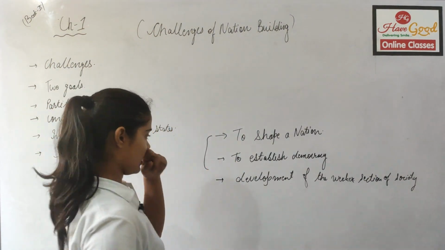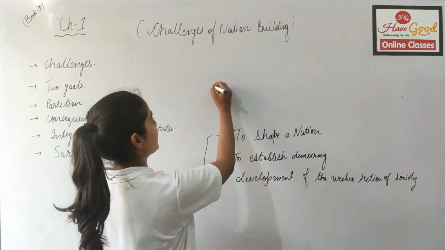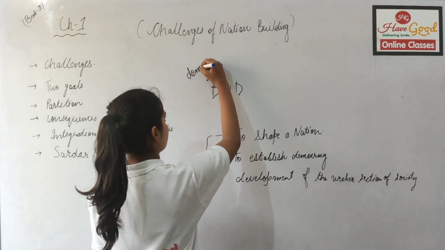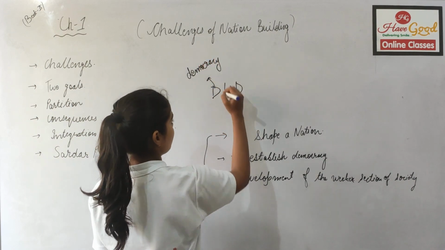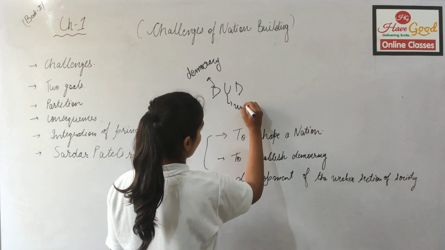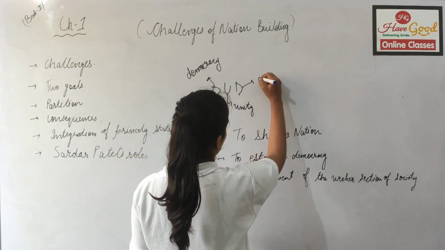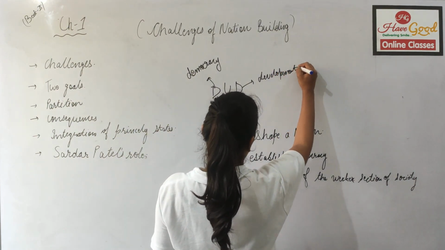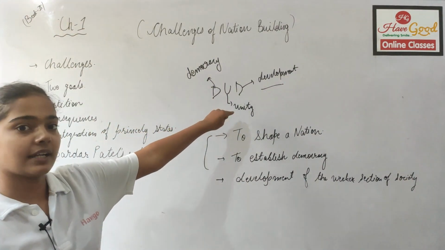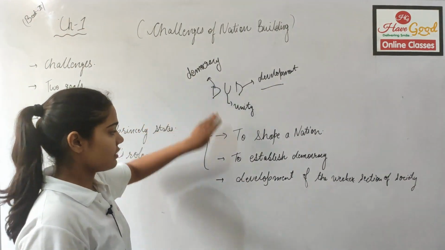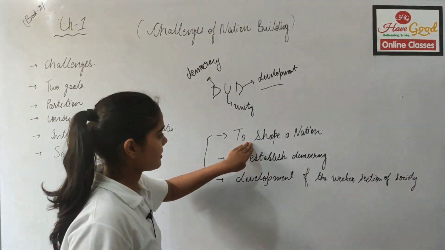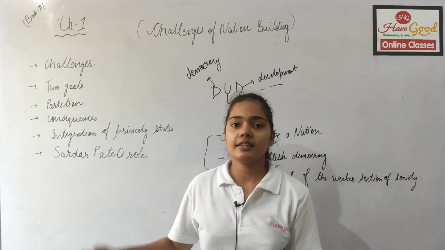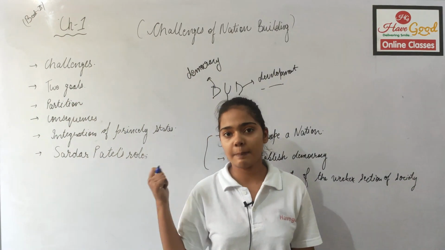These are the three challenges which India faced just after independence, and they can be remembered by a short trick, that is DUD. D stands for democracy, U stands for unity, and D stands for development. It is a short trick through which you can remember, that is DUD. D stands for democracy, to establish democracy, U stands for unity, that is to shape a nation, and D stands for development, that is the development of the weaker section of society. These are the three challenges which India faced just after independence.